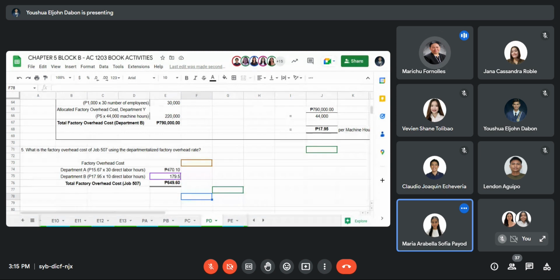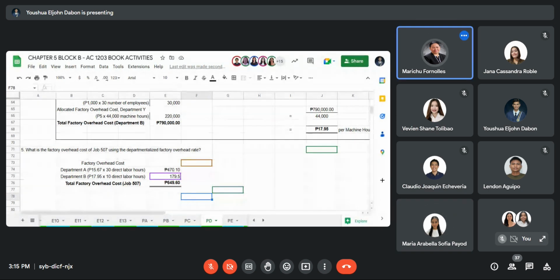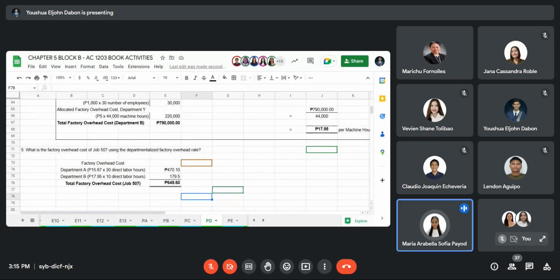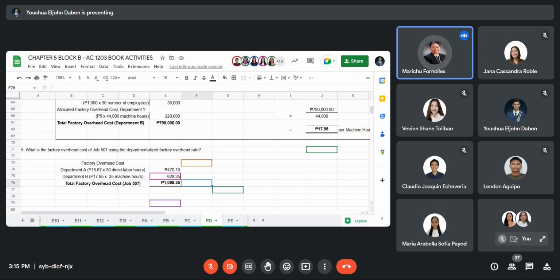Then for department B, we multiply 17.95 times 10 equals, no, 10, sorry. How many machine hours were used by job 507? 35, miss. So we correct this to 35 machine hours. 17.95 times 35 is 628.25, and we add both.